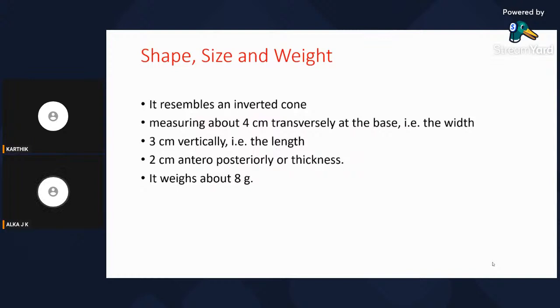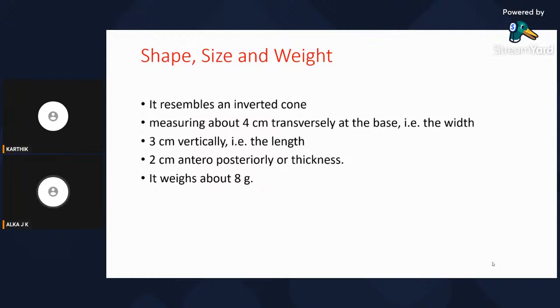Shape, size and weight: it resembles an inverted cone measuring about 4 centimeter transversely at the base, that is the width, 3 centimeter, that is the length, and 2 centimeter anteroposteriorly, that is thickness.